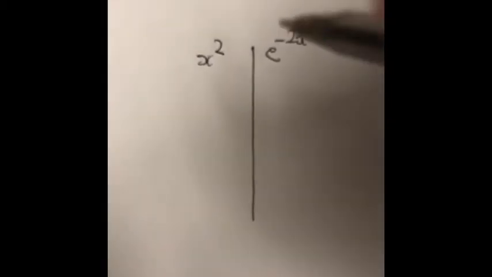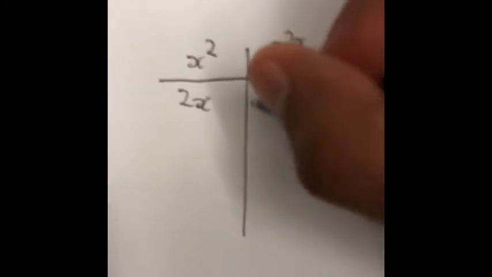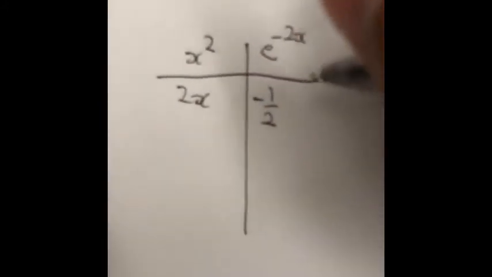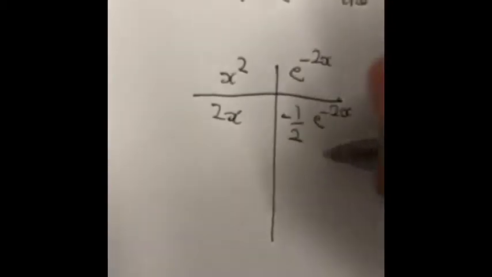Let's make a table. We will keep on getting the derivative of this one and integrating e to the power negative 2x. The derivative of x squared is 2x, and the integration of e to the power negative 2x is negative half e to the power negative 2x.